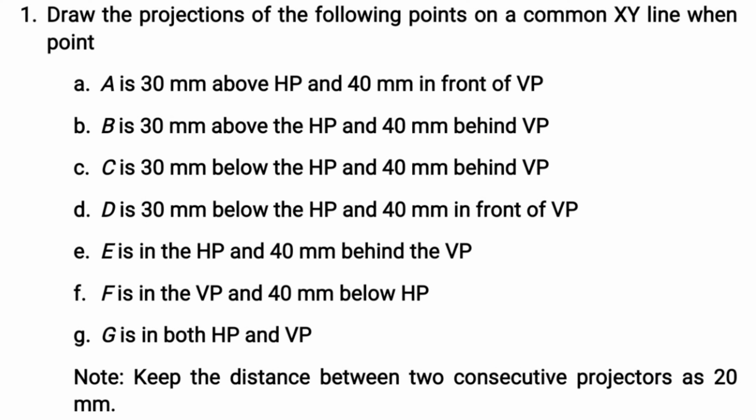So the resulting figure that you will get, the front view of E will be on the XY line and the top view will rotate by 90 degrees in the clockwise direction and move up. Right? And it is at a distance of 40 mm behind VP. So it will be just a line of 40 mm in vertical direction.